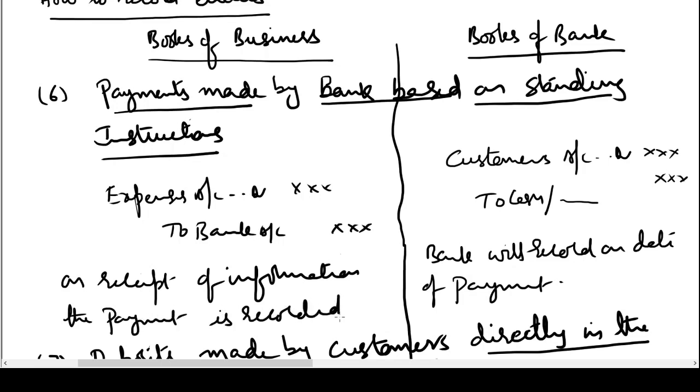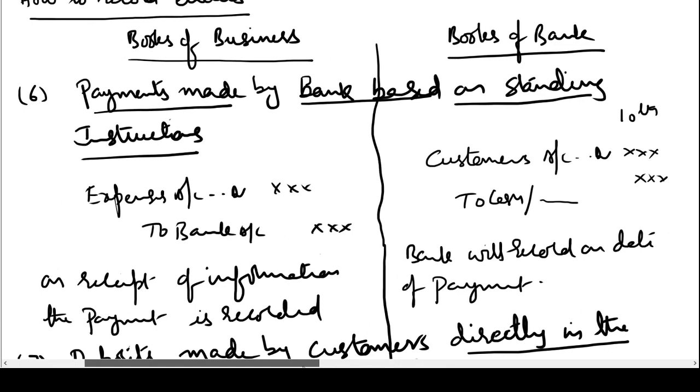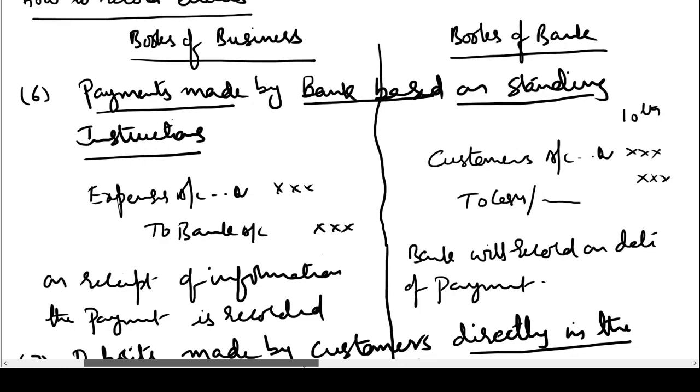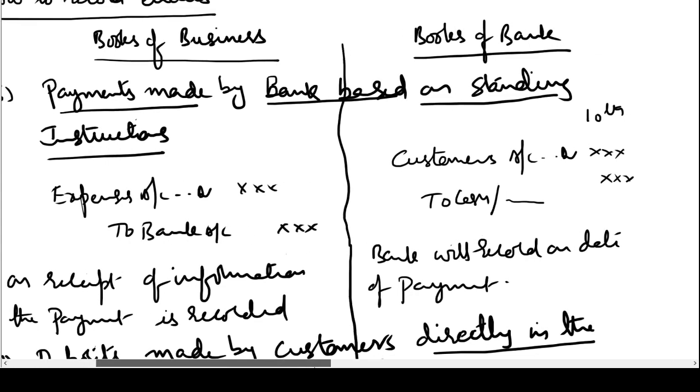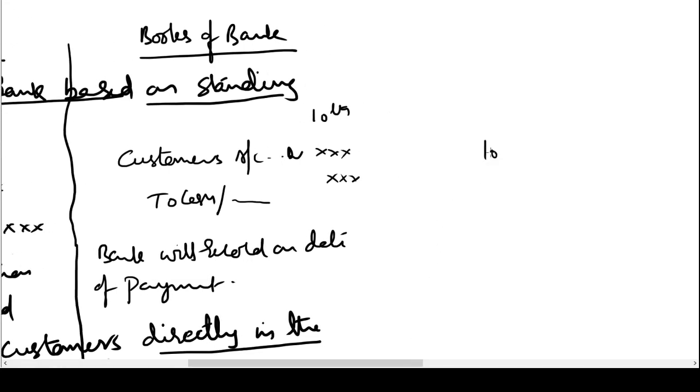Now suppose there is a delay. The bank makes a payment, let us say on 10th of a month, and the information reaches the business on 30th of that month, or the last date of the month. So the business will record the entry only when it comes to know that the bank has made a payment. So in this interval, the bank made the payment on 10th, we came to know on 30th.